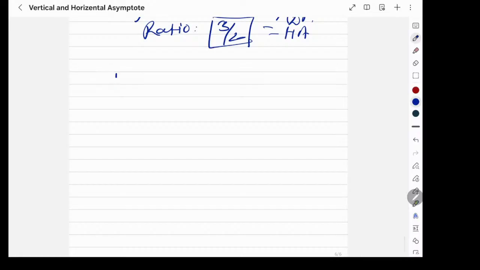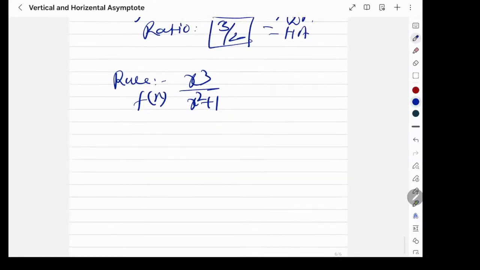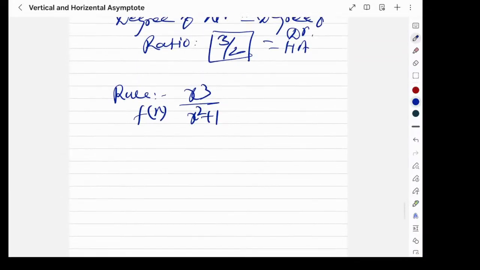And rule 3, the example is so easy. If I say x cube over x square plus 1, that is too easy. So directly we say that the horizontal asymptote is not defined.